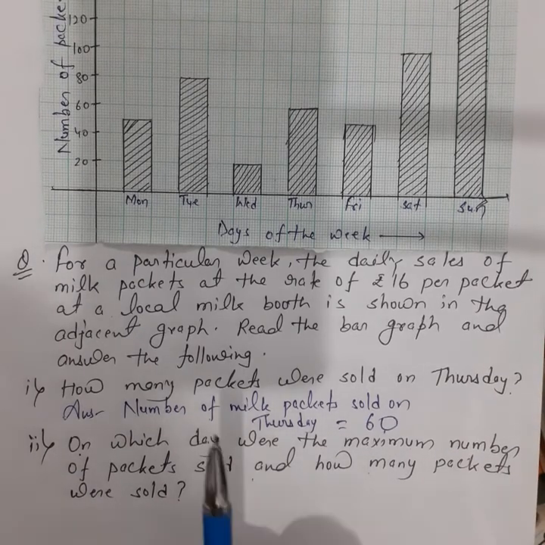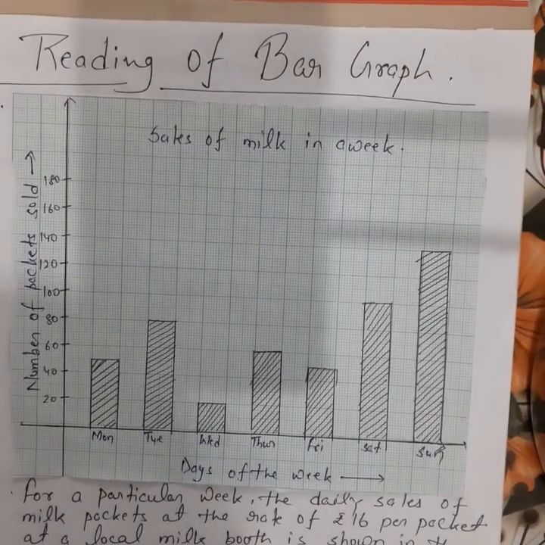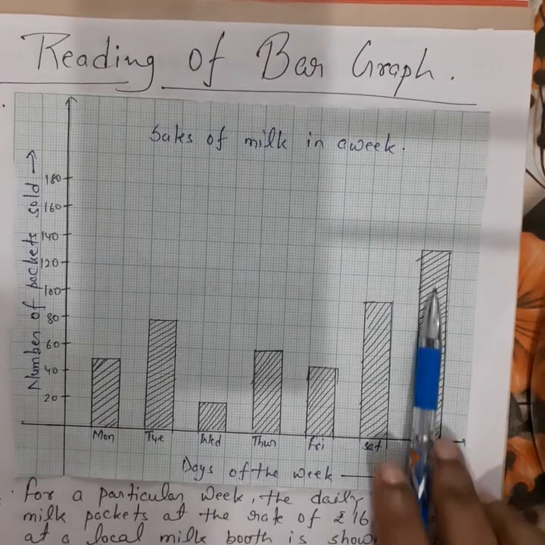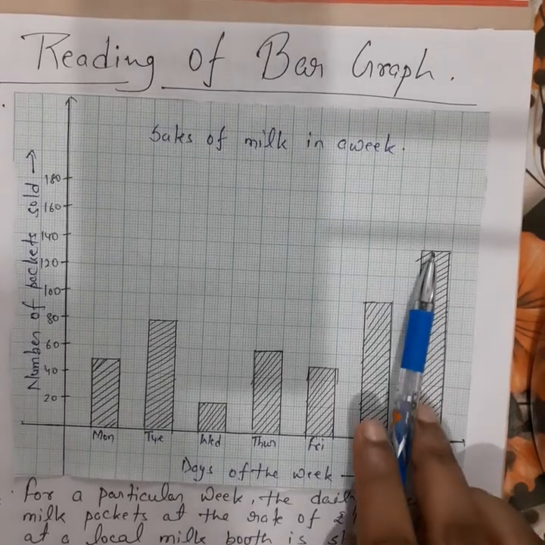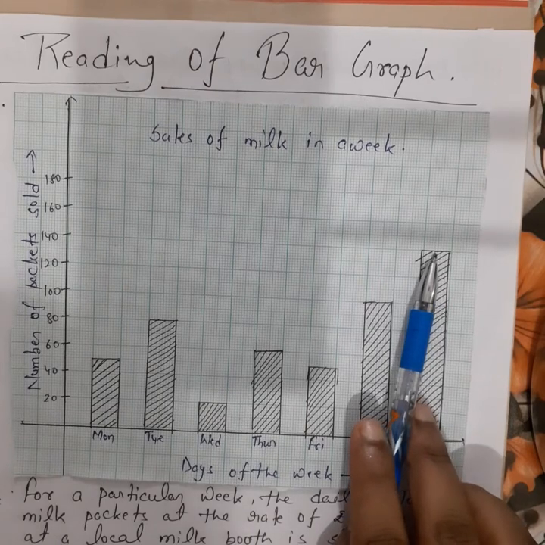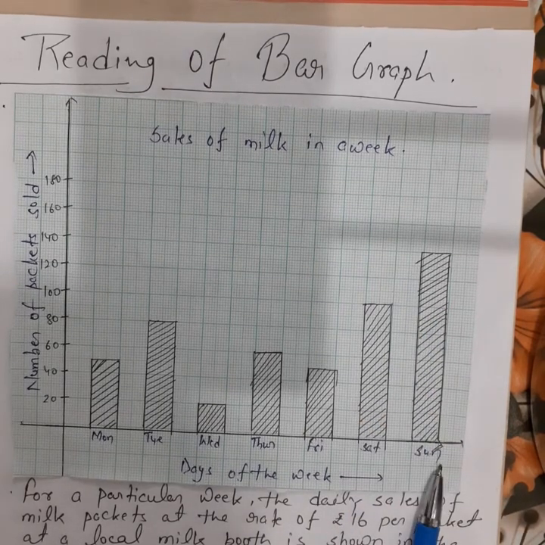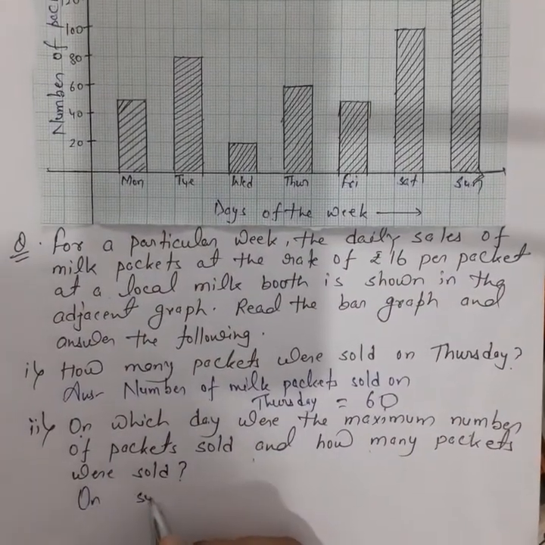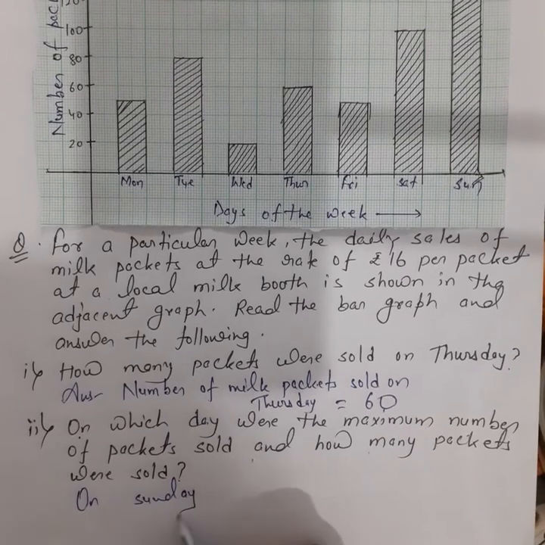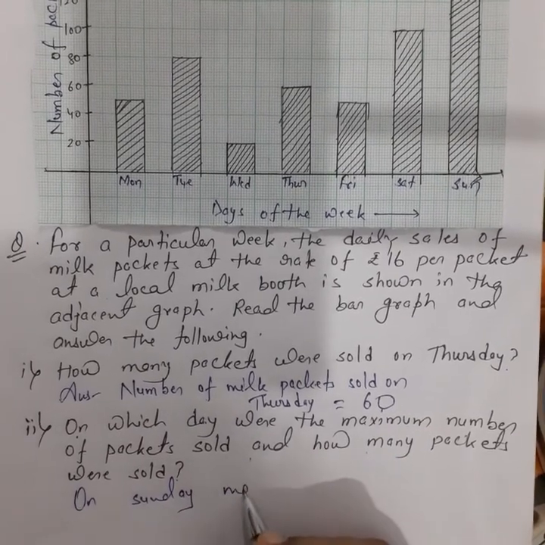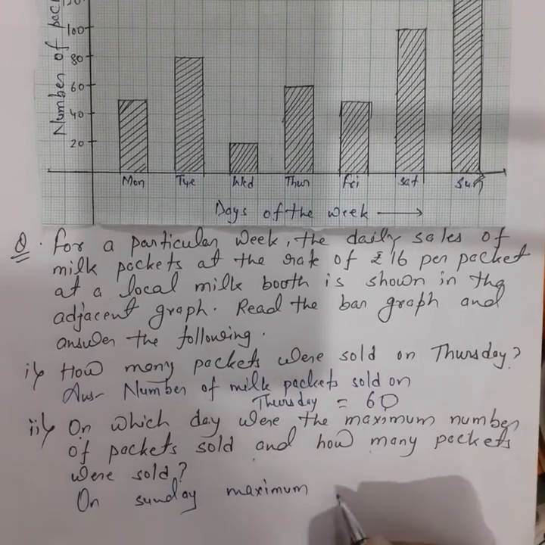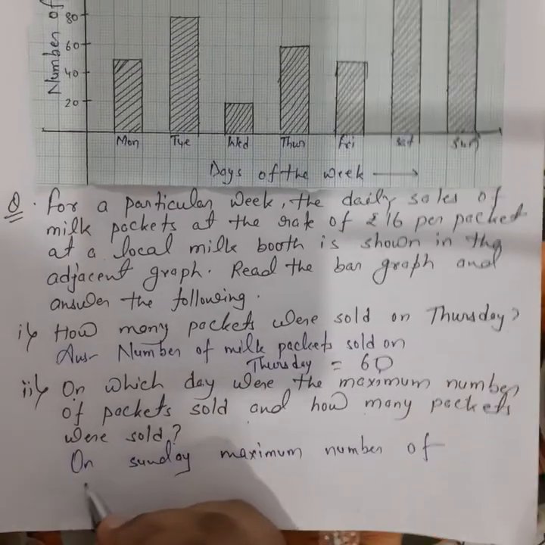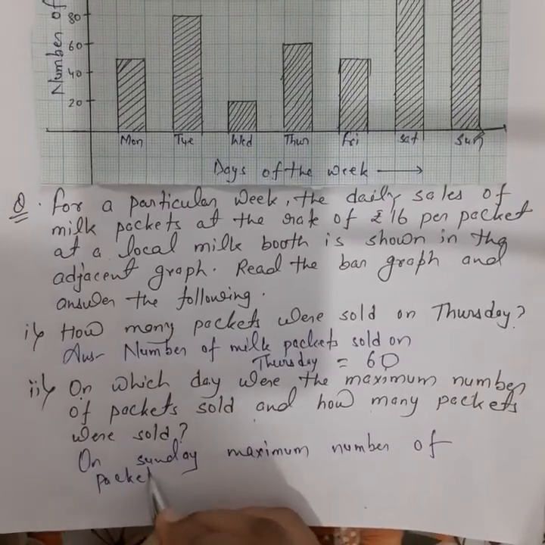Second question is, on which day were the maximum number of packets sold and how many packets were sold? Now you see which bar has the maximum height. We see that this bar has the maximum height, and this bar represents the number of milk packets sold on Sunday. So we write here, on Sunday, maximum number of packets sold.